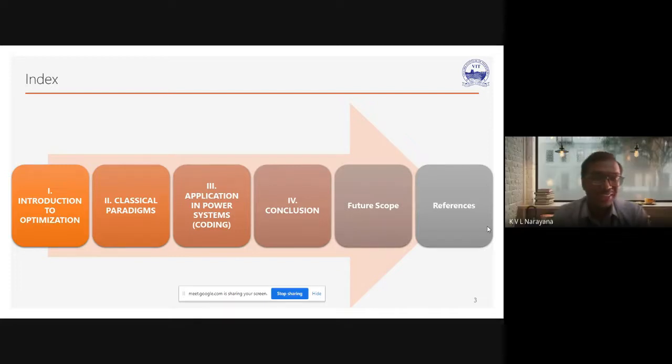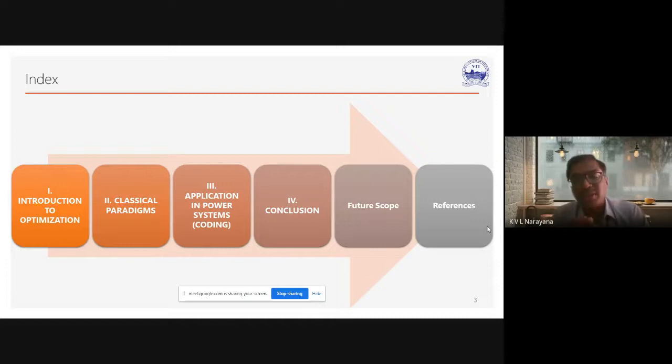Exactly. Very good. Optimization is the process of finding the conditions that give the maximum or minimum value of a function, that is, obtaining the best result under given circumstances. There may be limitations and constraints in the design.